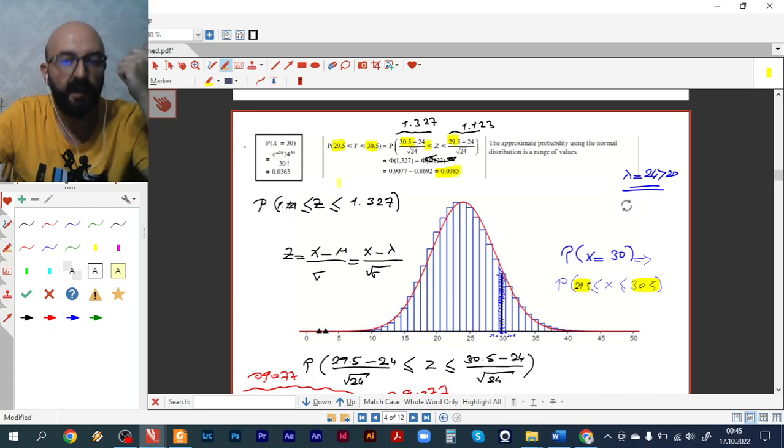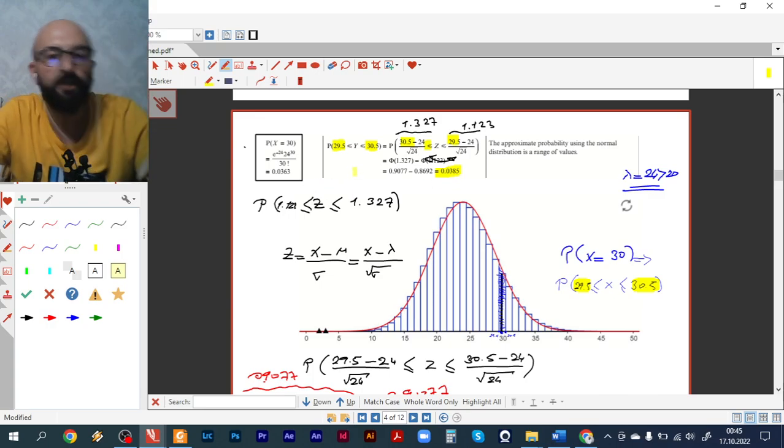If you figure it out by using the normal distribution, your result is 0.0385. But if you figure it out by using the Poisson distribution, your result is 0.0363.